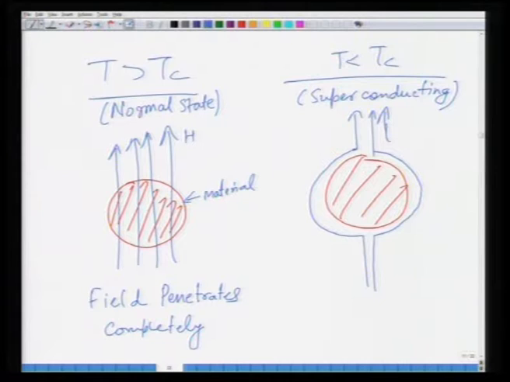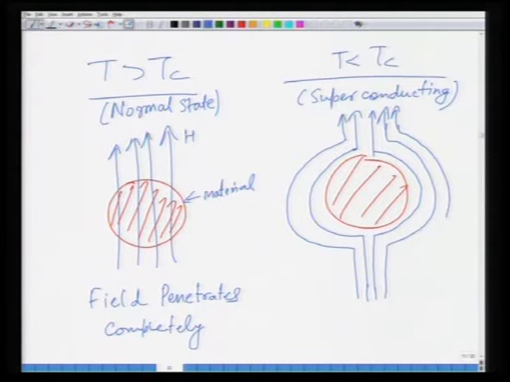So you have massive flux lines on the surface but nothing penetrating inside. The whole of the field that you apply gets repelled, and this repulsion is essentially explained in terms of what is called an opposite magnetization, which means the material is doing something which is repelling the whole field.